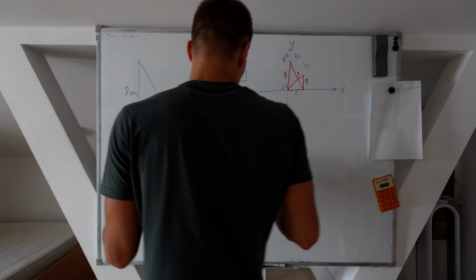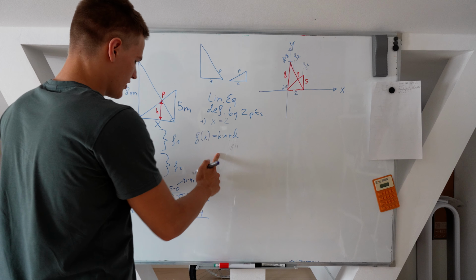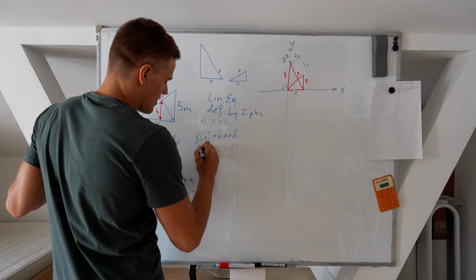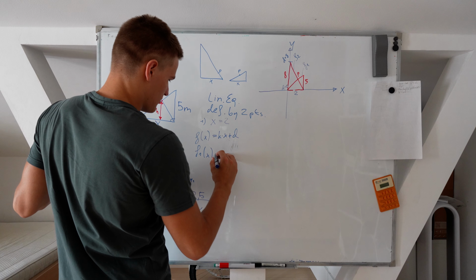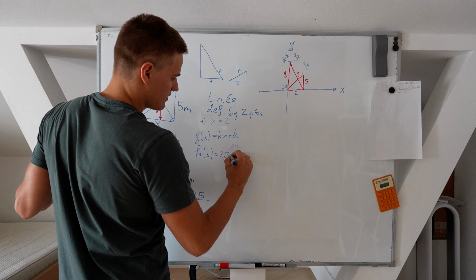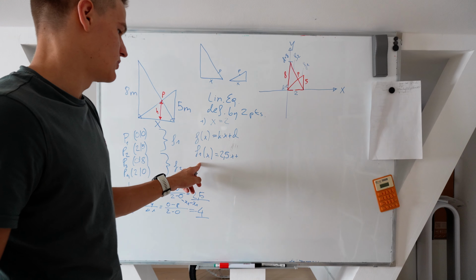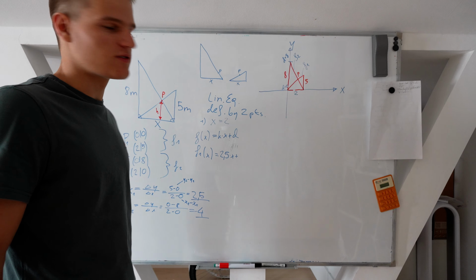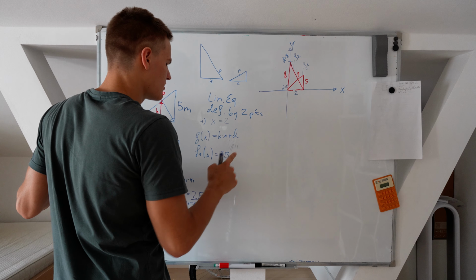So now what we're gonna do is we're just gonna plop these values into a function and say that f1 of x is equal to k1, which is 2.5, times x plus, and where does this intersect the y-axis? At 0, right? So this is just basically plus 0, which means that we can actually leave this out entirely.